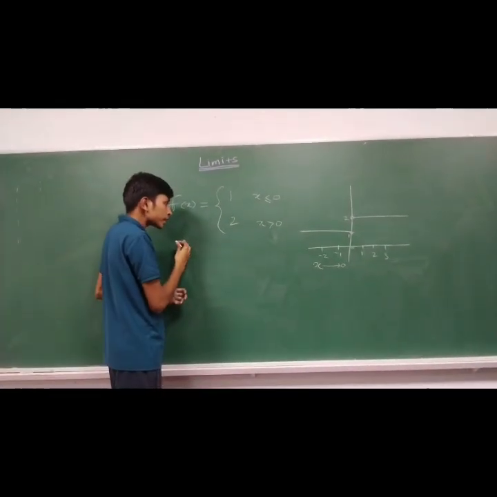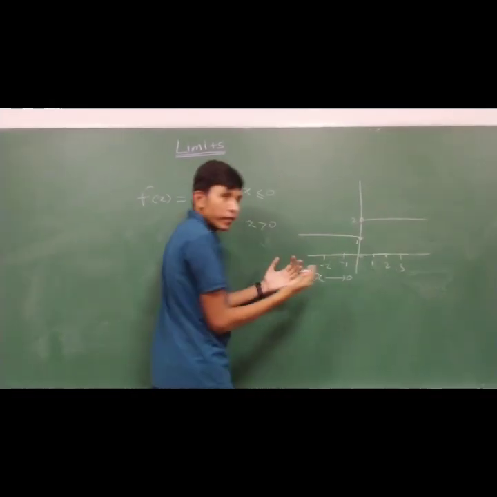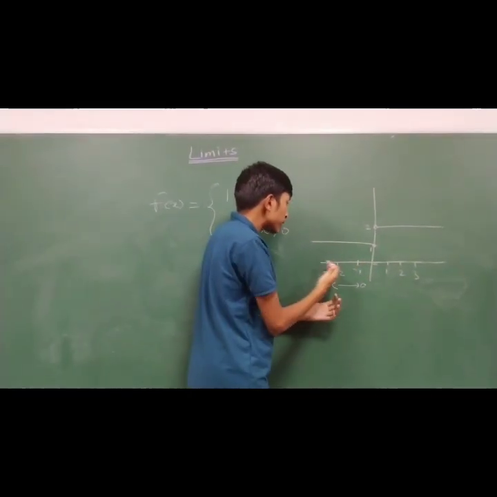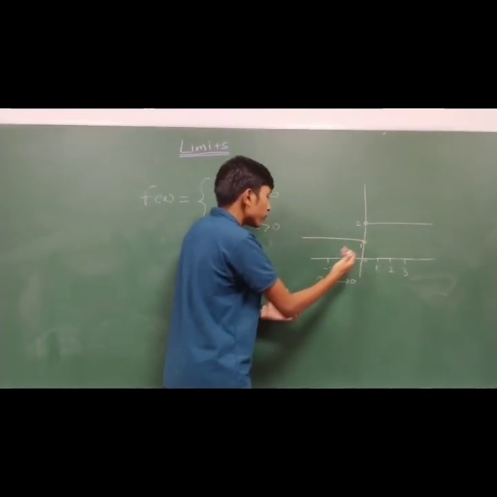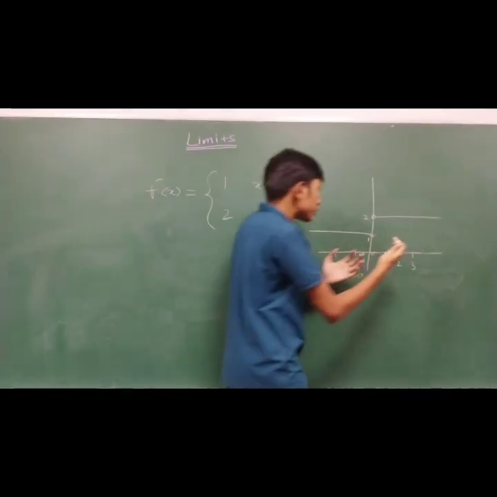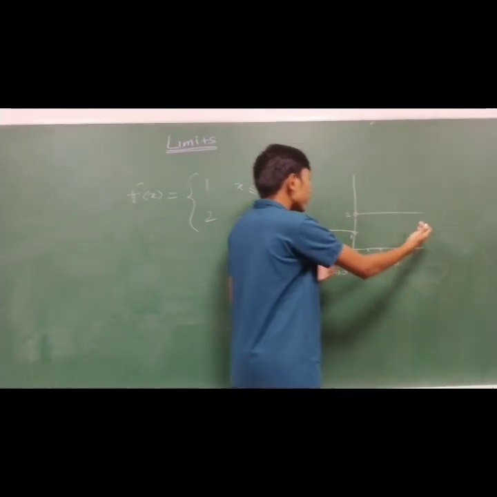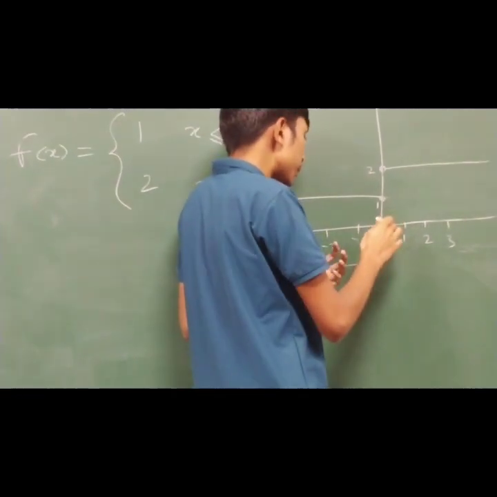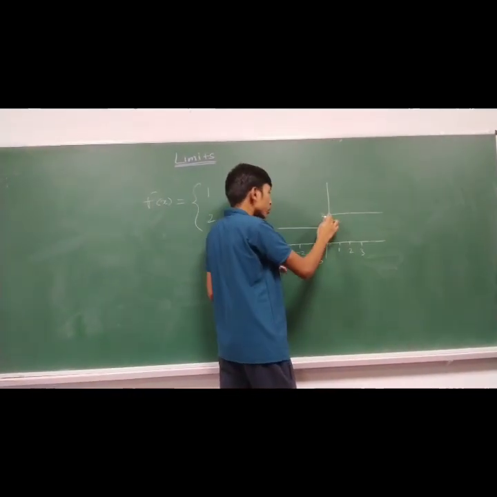Now when x is going to 0 from the left hand side, we can see that the function value is 1, and when x is coming from the right hand side, the function value is 2, but not at x equal to 0.